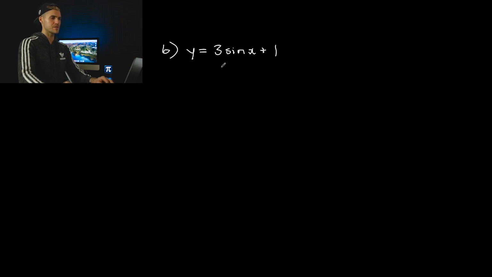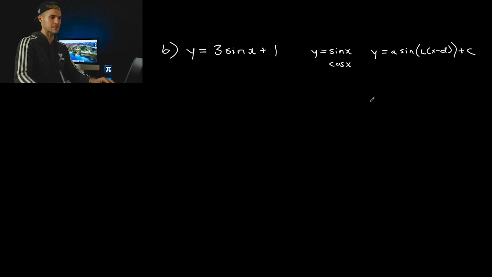Now moving on to part B, we got y equals 3 sine x plus 1. So notice that this is a sinusoidal function where we have the parent function y equals sine x. And anything that I say about sine x, it also applies to cos x, because if you remember, cos x is just sine x shifted over. So the transformed function for sine x is a sine of k bracket x minus d plus c.